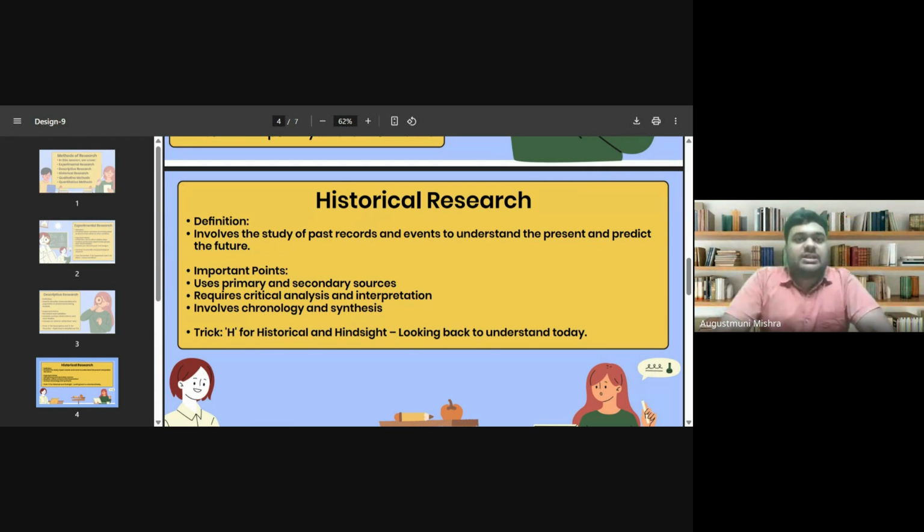For example, if you are talking about historical research related to the India-Pak war, you are going to study the past records of the India-Pak war. Then you are going to understand those particular things, and after that you can easily predict the future.